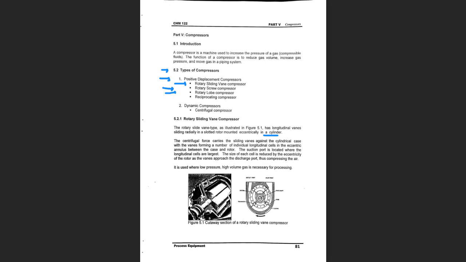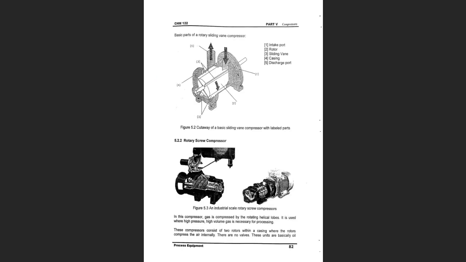Let's have a look at, and those pictures are not actually so clear. Okay, this is a very good picture that shows how the sliding vane compressor looks like. Yeah, this figure shows the basic parts of the sliding vane compressor. You can see that this is the shaft, okay, and this is the rotor inside, guys, and the rotor rotates, as you can see, in this direction, and those are the vanes.